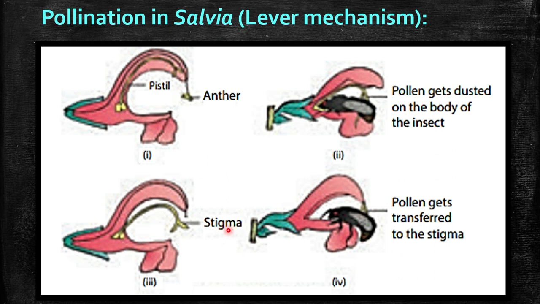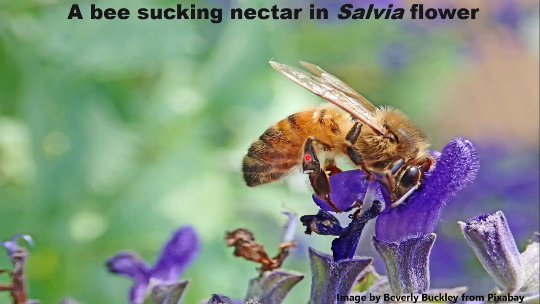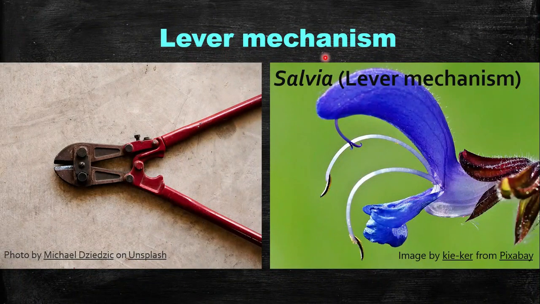The insect can then reach the stigma present in another flower, and the pollen gets transferred to the stigma. You see one more picture: a bee sucking nectar in the Salvia flower. This is the structure of the lever mechanism. It acts as a lever.